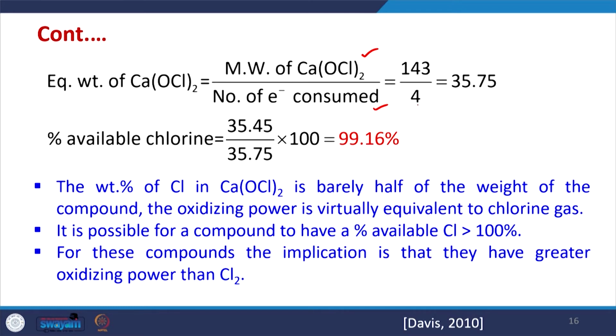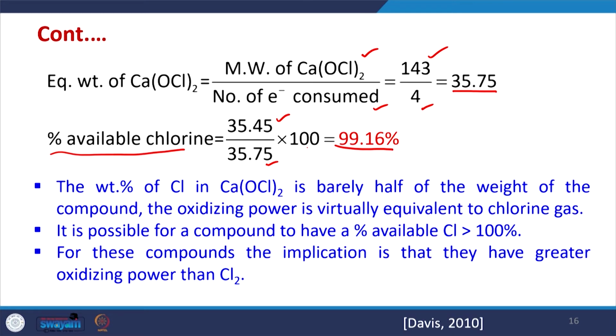It consumes 4 electrons and its molecular weight is 143. If we divide, it is 35.75. So, again they are the same. The percentage available chlorine in the case of CaOCl2 is 35.45 divided by 35.75, into 100. So, it is 99.16.